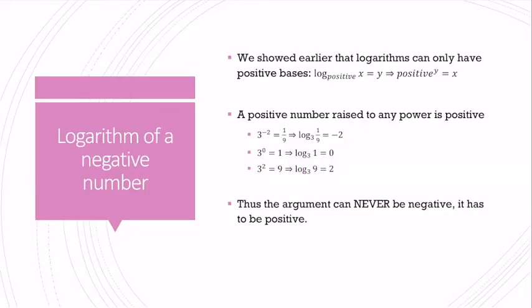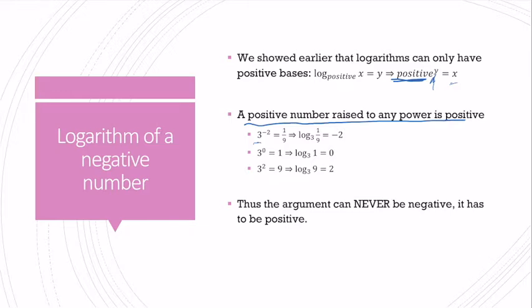So we just showed that logarithms can only have positive bases. My base has to be a positive number, and that's going to give me another number. I could rewrite this as an exponent, as a positive number to some power equals x. So first off, let's all agree that a positive number raised to any power is positive.